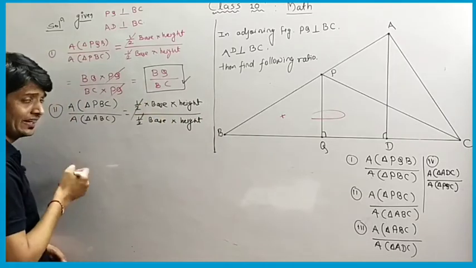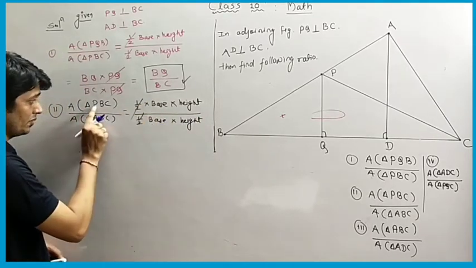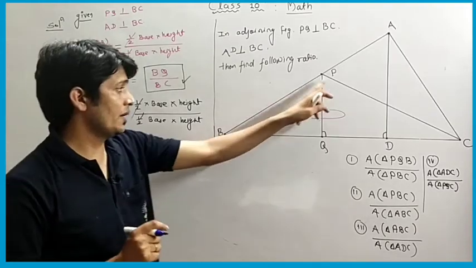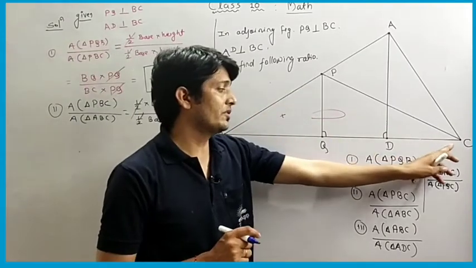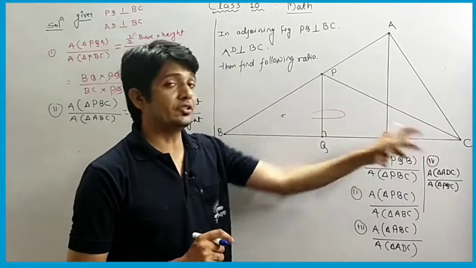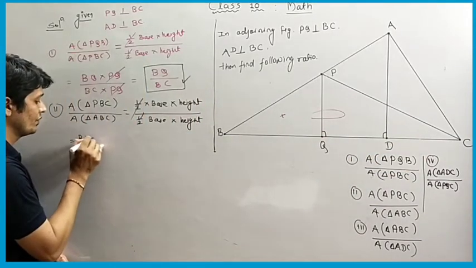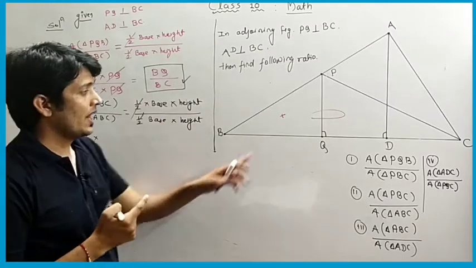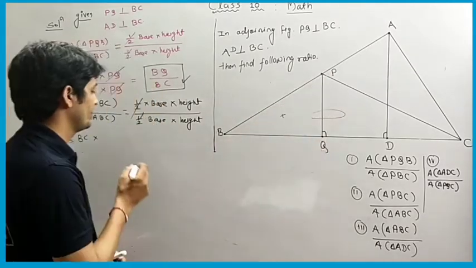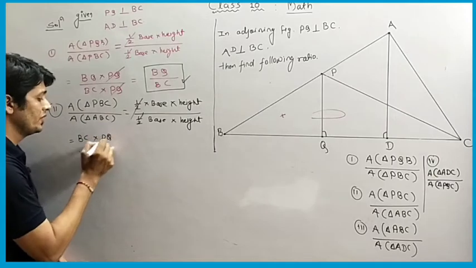Half and half will get cancelled. So what is the base for PBC? The base will be BC, so we write BC into height. Height will be PQ. So we write PQ.